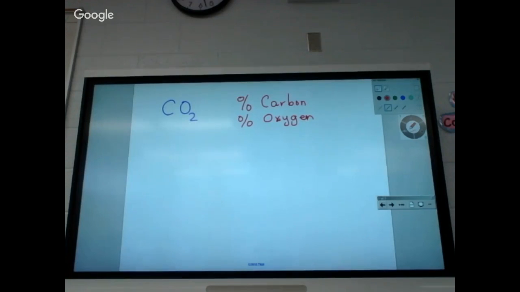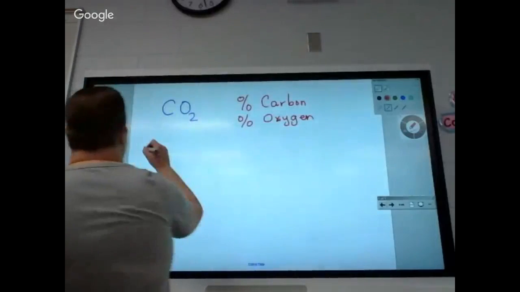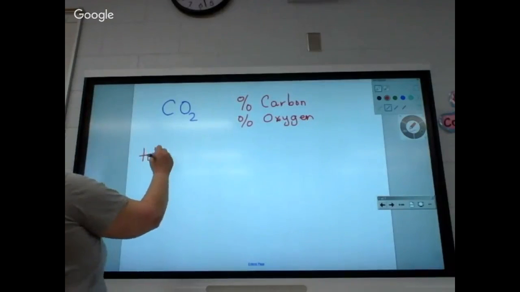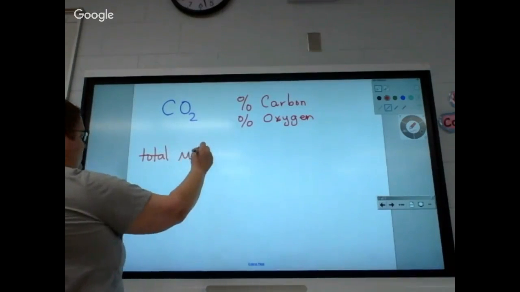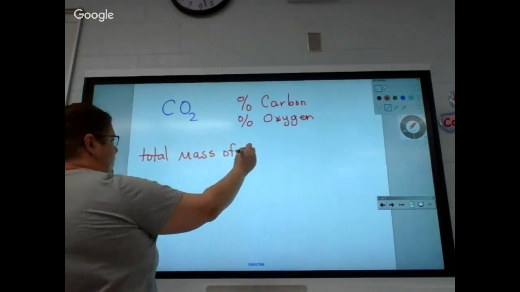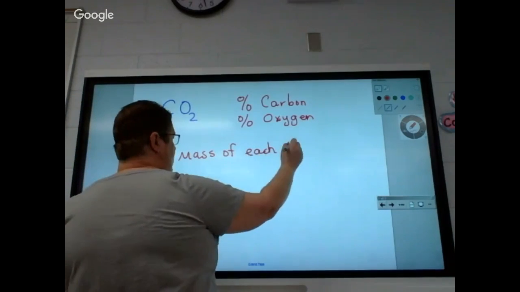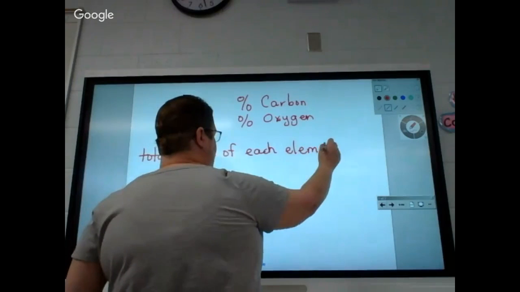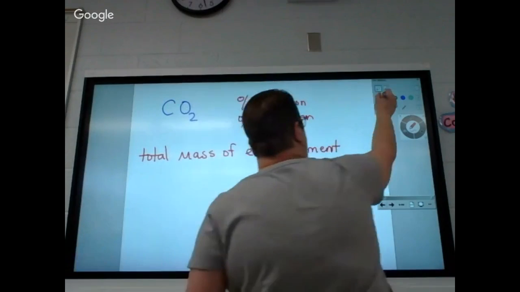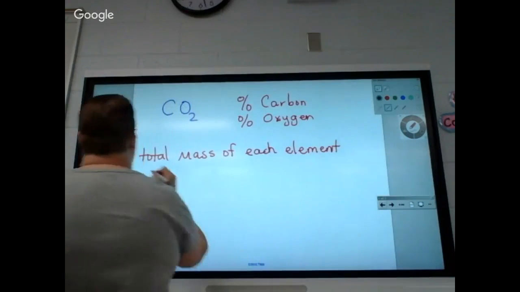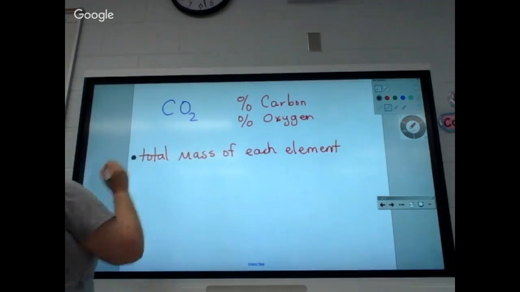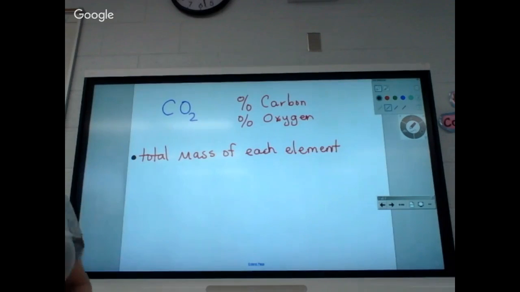The total mass of carbon, and so the total mass of each element. Okay, so we need the total mass of each element. Okay, and I'm not going to list it as carbon and oxygen because remember, this is generic for future problems. So we'll need the total mass of each element. Okay, that's one.